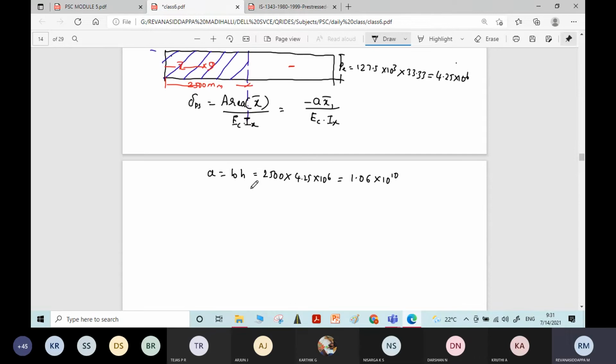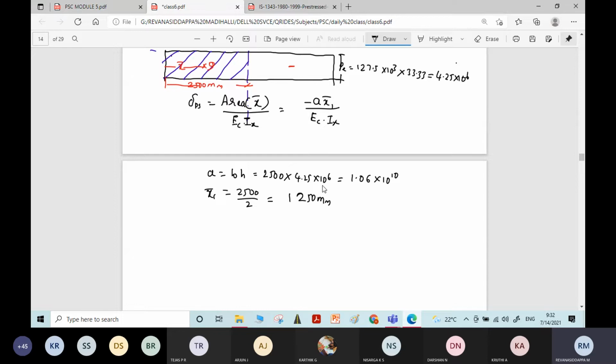Then x1 bar is equal to 2500 divided by 2. Sorry, 1250. Correct. So 1250 mm. Then what else is required?